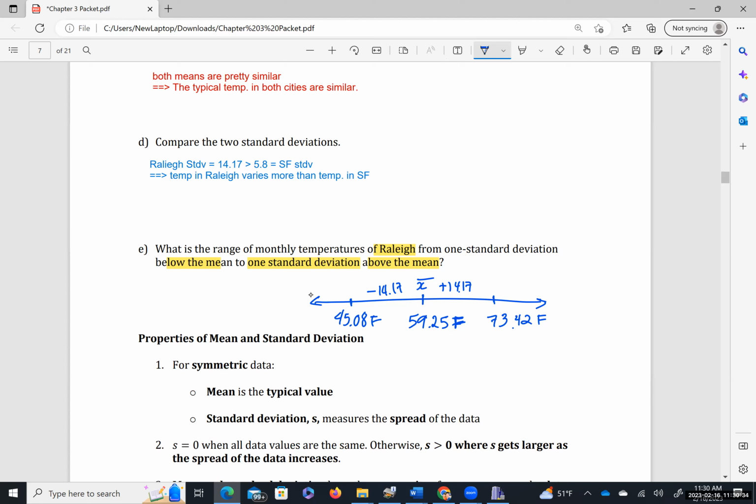All right. So that means that 68% of temperatures in Raleigh fall between 45.08 Fahrenheit and 73.42 Fahrenheit, right? 68%. Okay.